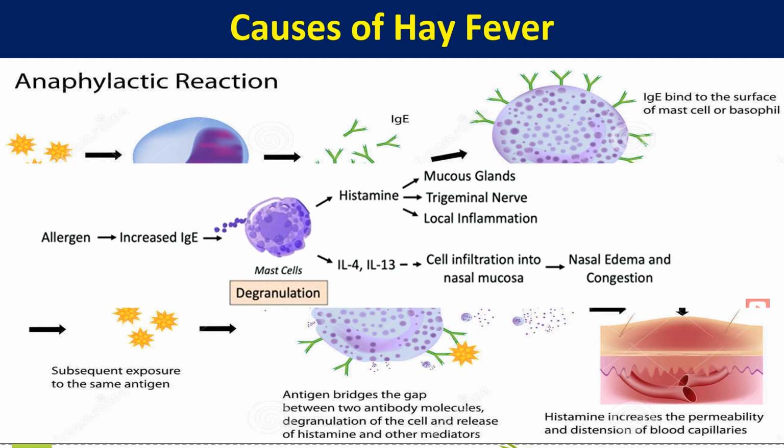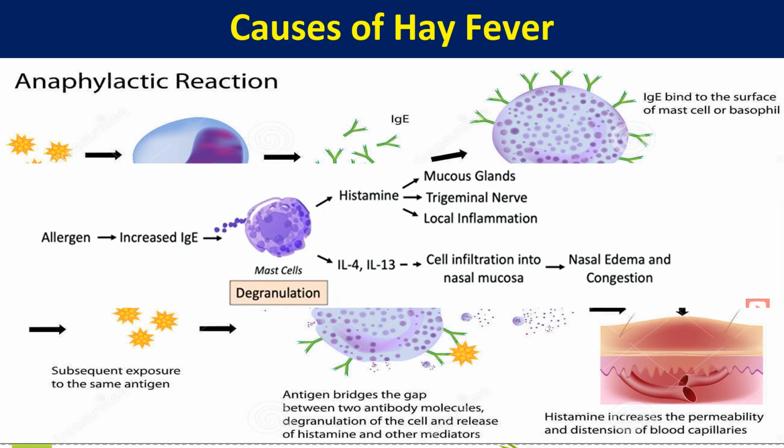First, it produces pre-synthesized components, that is histamine, which gives three different types of responses. It activates your mucous glands, so mucous production will be there, causing your running nose. Then it stimulates the trigeminal nerves, and lastly it causes local inflammation in the nasal passage.